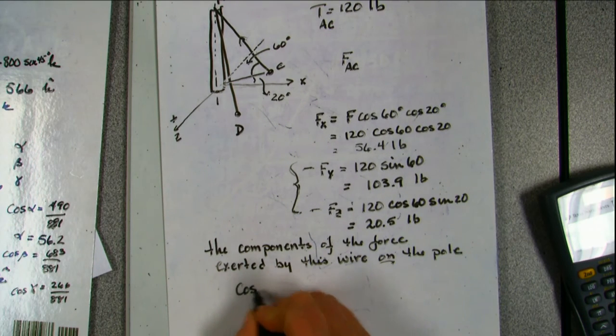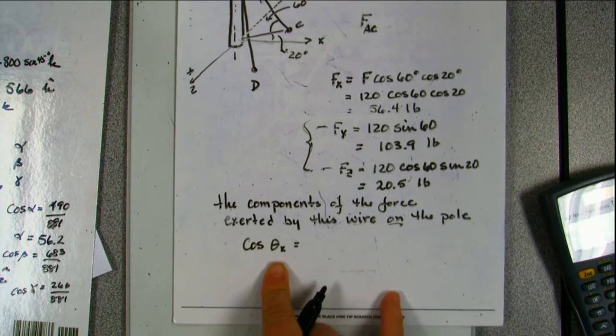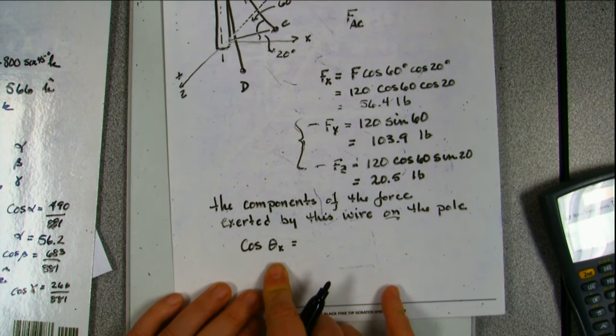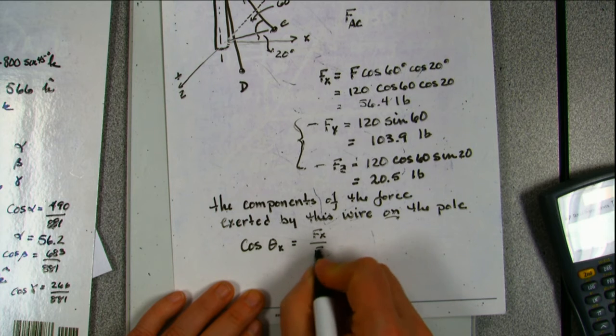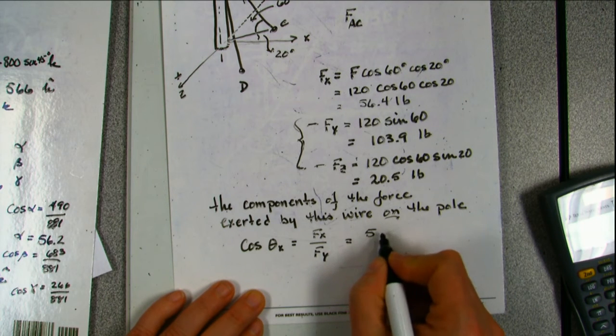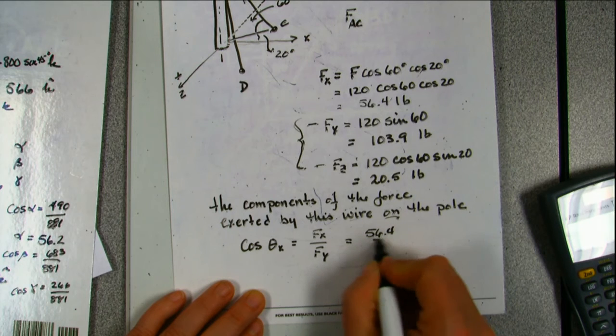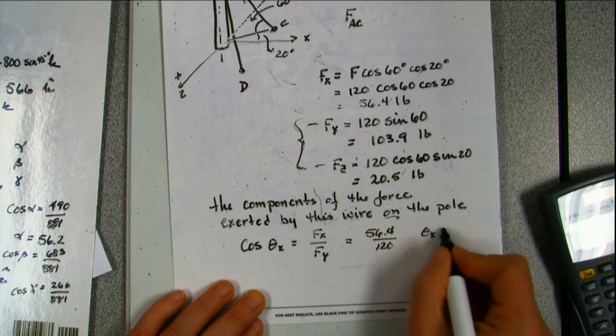So the cosine of theta x, if you do it in a different formation, instead of alpha, beta, gamma, this might make more sense to you. This is another fun way to do it. If I do that, I get 56.4 divided by 120, and that gives me theta x is 62 degrees.